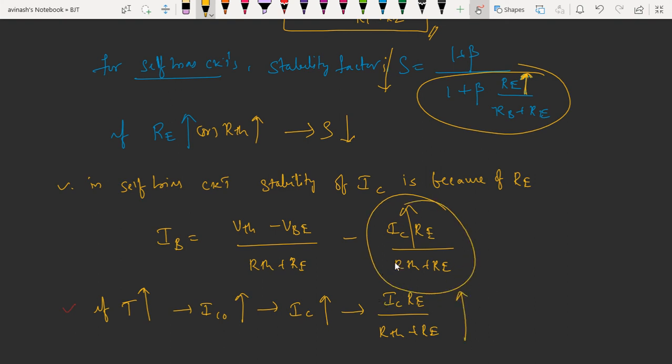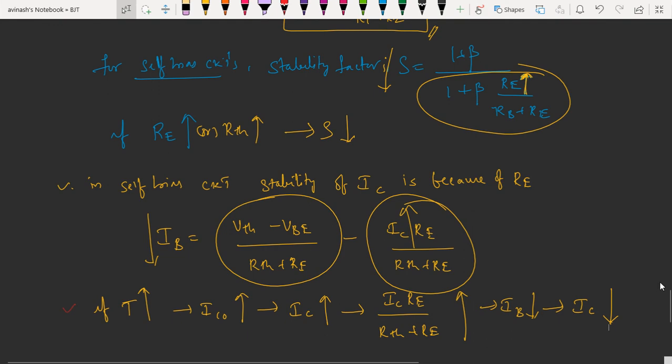If this value increases, then this is a constant, no? Then IB value will be reducing. So due to the reduce in IB, definitely collector current will reduce. The increase in IC will decrease the IC.